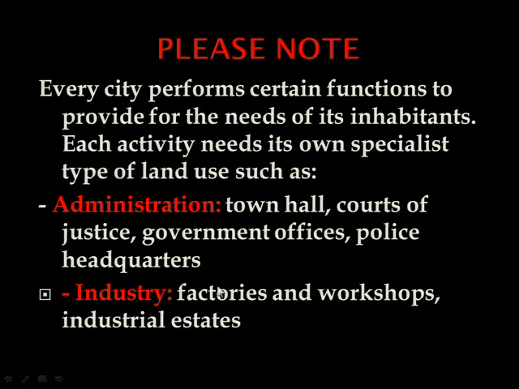Industry. Obviously, there have to be factories and workshops and industrial estates in every city. So what are the activities that we find in a city? There are administrative functions, and there are industries.